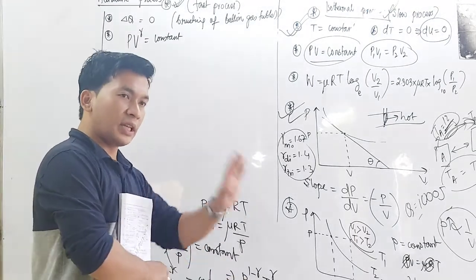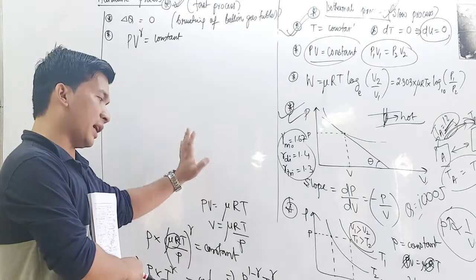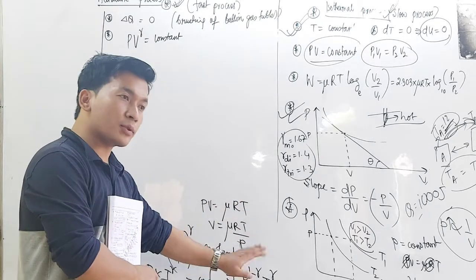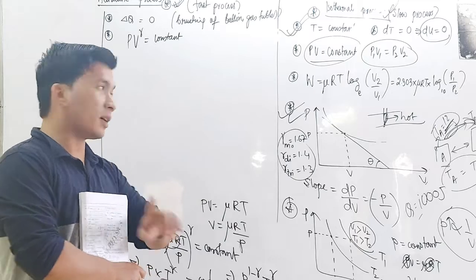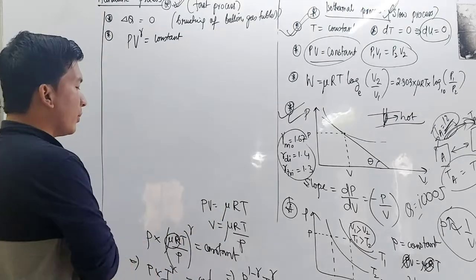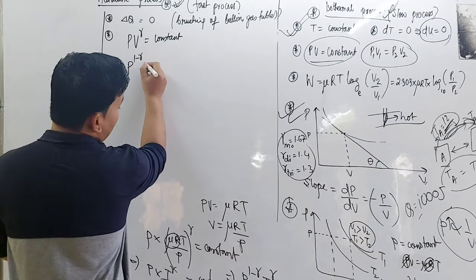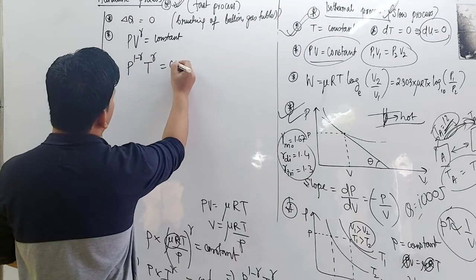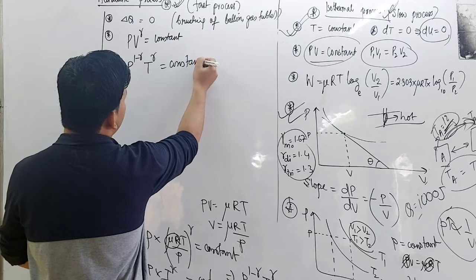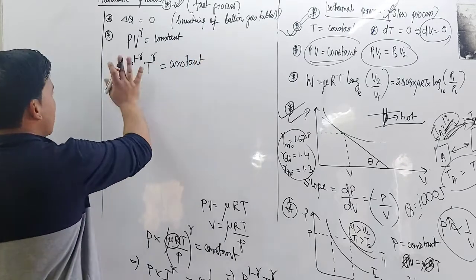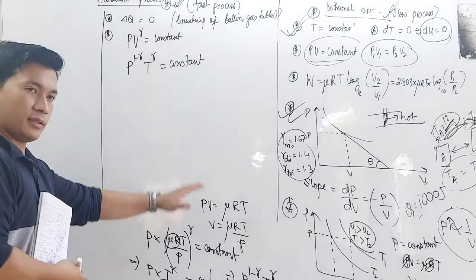Do you understand? In your examination, it is most likely to be forgotten. Can you remember this? P to the power 1 minus gamma T to the power gamma is equal to constant. If you have forgotten this, you go through it like this. Okay?